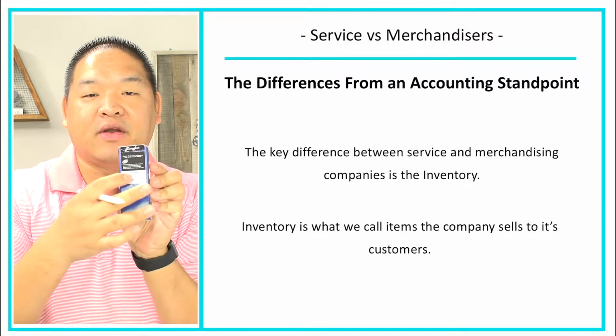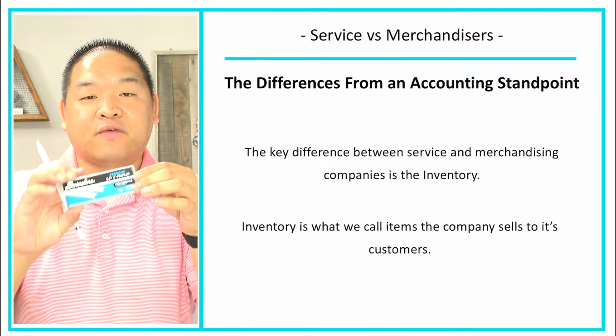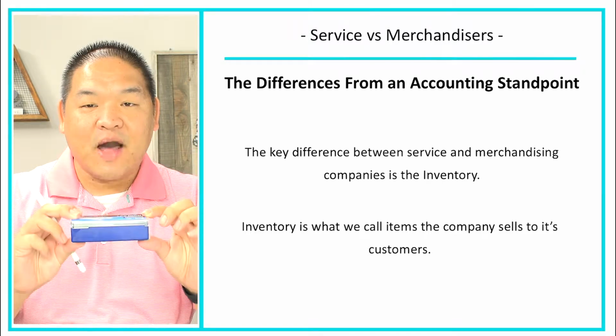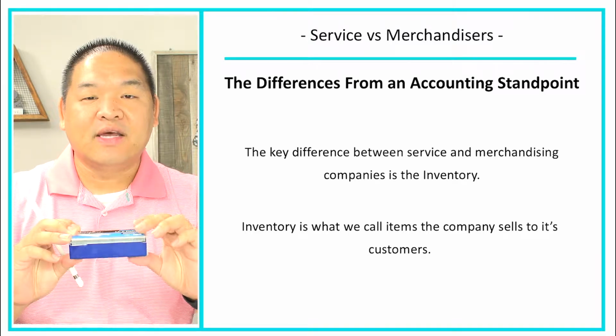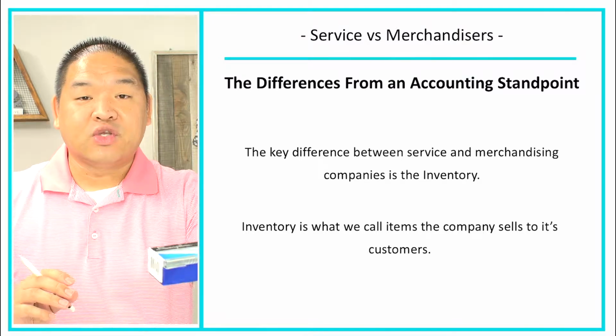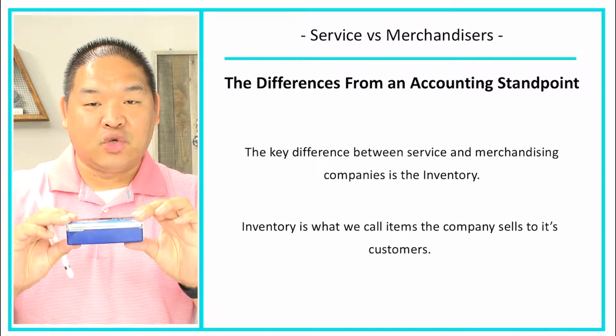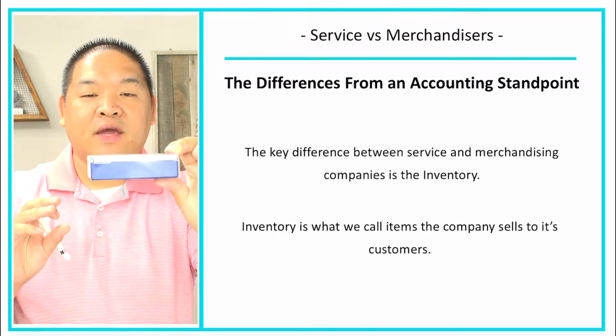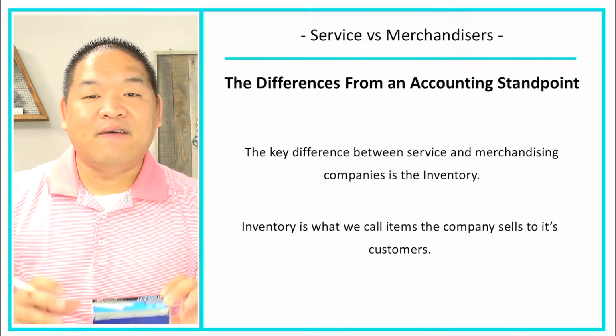That's what it says on the back here, ACCO Brands. They buy this from ACCO Brands, and the whole point of buying this box of staples is to sell it to the end user. So this is called inventory. Whatever they expect to sell to their customers would be inventory.